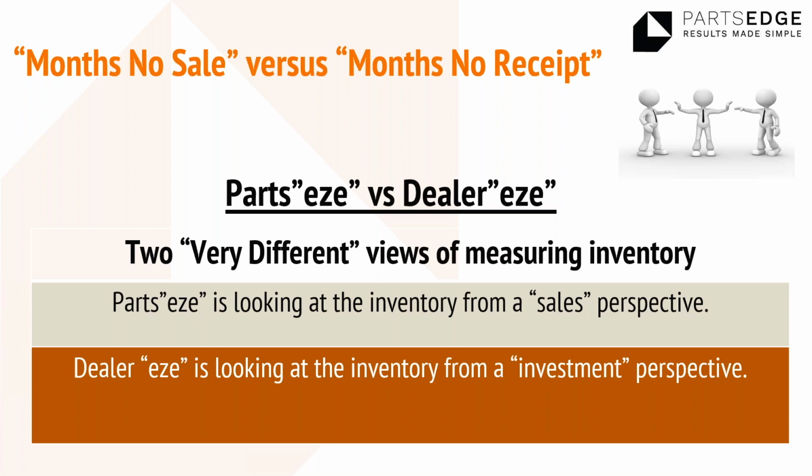When you look at partsies, this is looking at the inventory from a sales perspective, AKA the months no sale. But dealers, they look at it from the investment perspective. The last time they wrote a check for a part, which is the months no receipt portion of it.